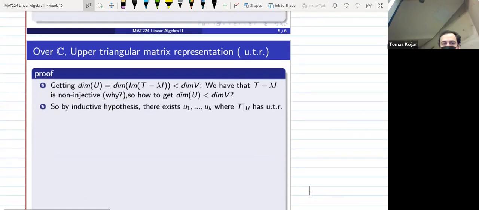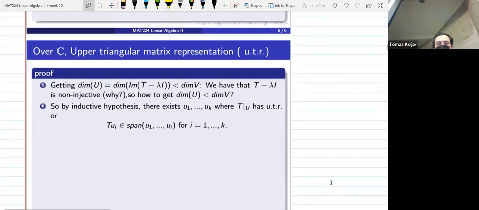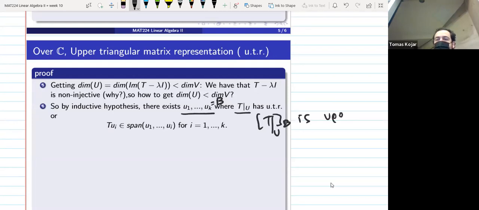Using our argument above, we get that, and so we can apply the inductive hypothesis to U equal to the image of T minus lambda I. You can find a basis so that this has an upper triangular representation, call this B. So T restricted to U is upper triangular, or equivalently, we have this span condition.